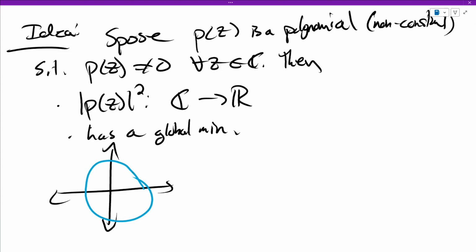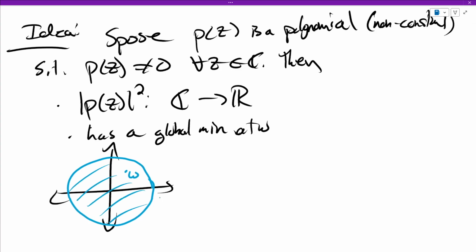If you were to draw C on a big enough ball centered at 0, let's say the minimum's at some point W, you'll be able to find W there somewhere. So you draw a big enough ball. And if we were to zoom in on W, we're going to stick another ball inside of W, and we're going to zoom in on that one.